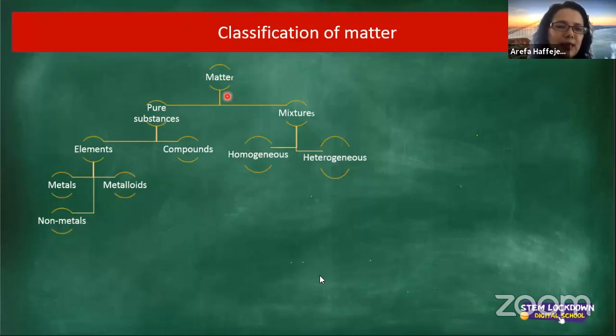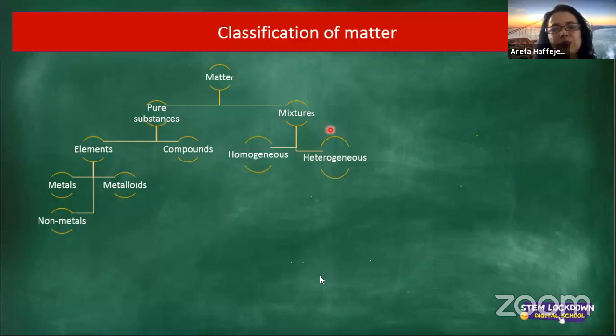It is categorized basically into pure substances here in this diagram, and into mixtures. Pure substances are divided into elements and compounds. Elements, as I told you previously, were made up of metals, metalloids, and non-metals.